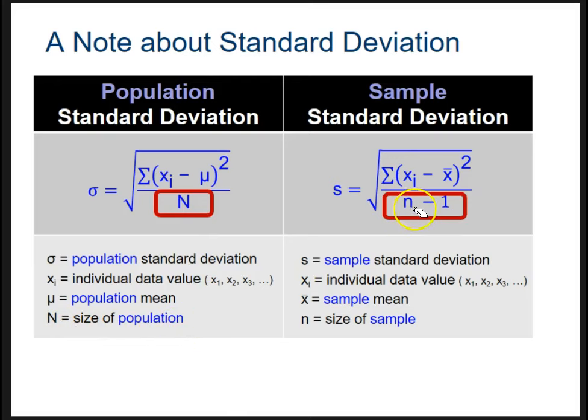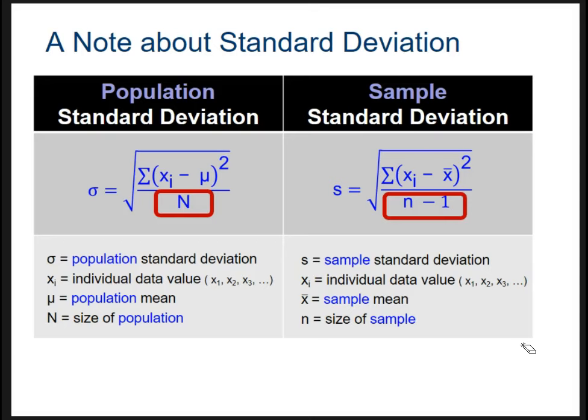And over here we have n minus 1, which is accounting for the size of the sample of the population that you have measured. And the minus 1 accounts for uncertainty. So if we don't measure everything in the population, we have to take away the 1 because there could be another value out there that's different, is a way to think about it.